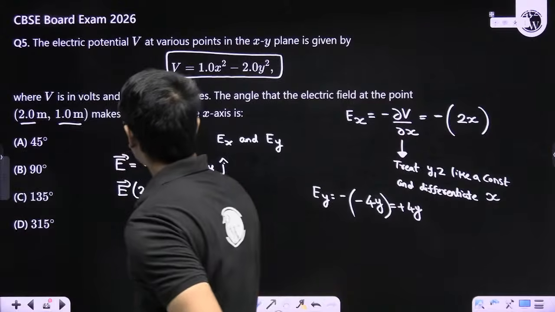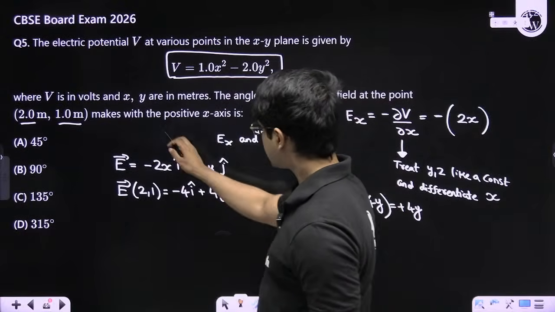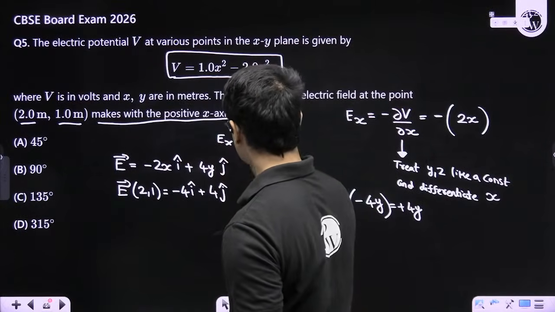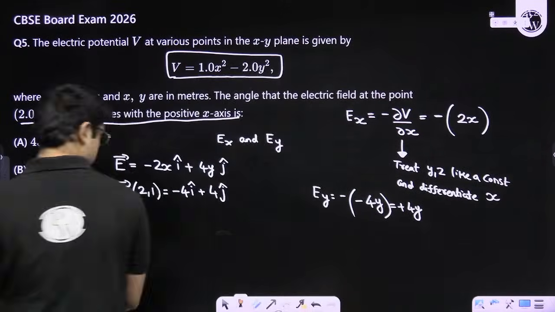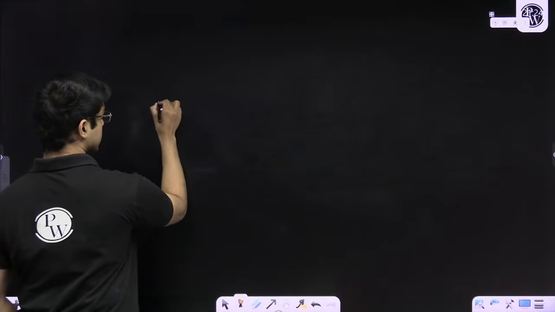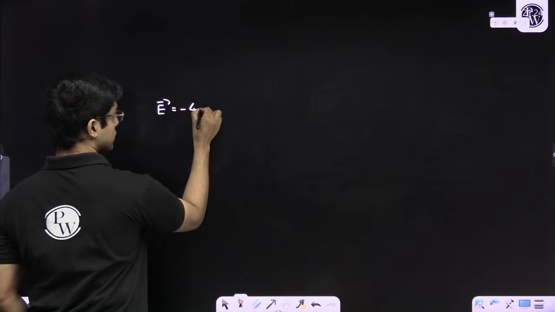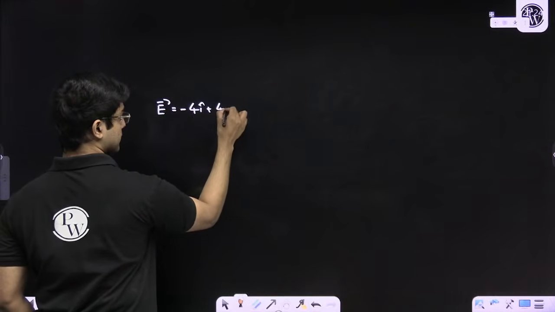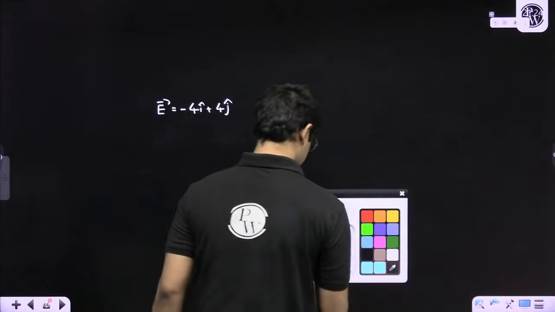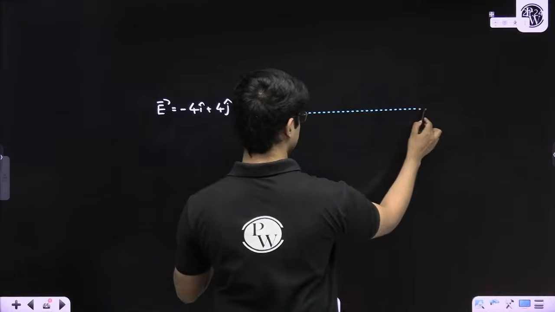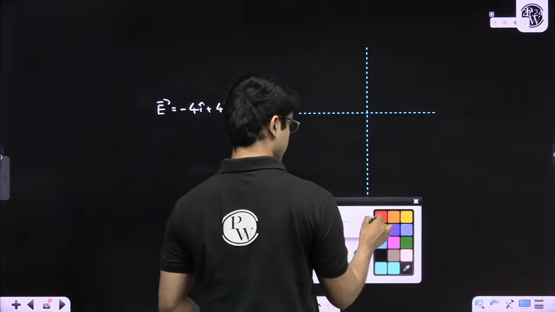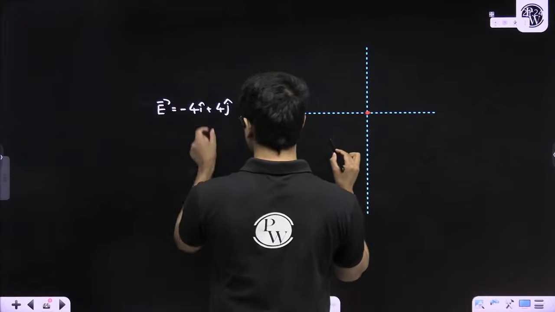Okay, so the question is not what is the electric field, but what angle does the electric field make with the positive x-axis. So there are some vectors here. Electric field, we found it out as minus 4i plus 4j. If this is the x-axis and this is the y-axis, this is the origin, plot this vector.